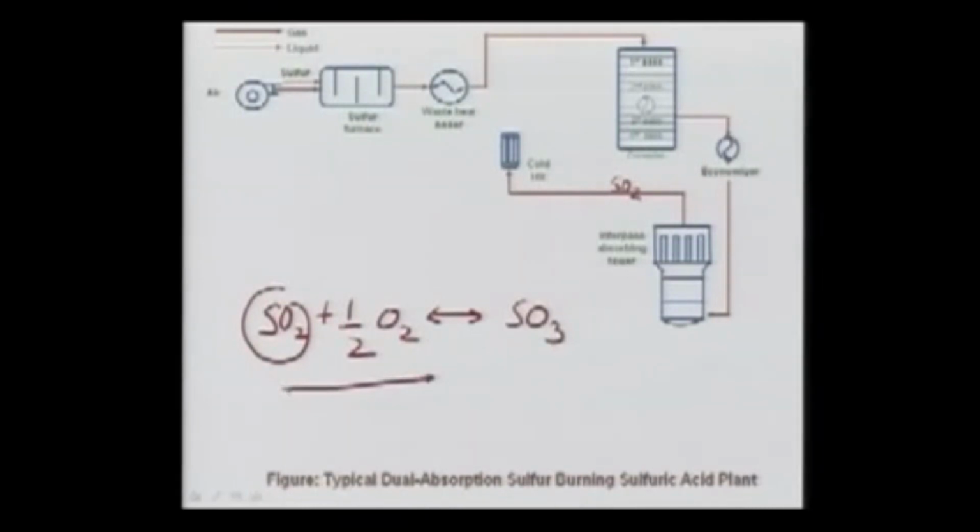If I am rich in SO2, I can again move the reaction forward and produce more SO3. Remember that SO3 is taken up in the absorbing tower in the form of sulfuric acid. The remaining SO2, so this stream which is coming out, is again rich in sulfur dioxide. So I can make the reaction happen in the forward direction and produce more SO3. If I am producing more SO3, it means I am decreasing the emission of SO2.